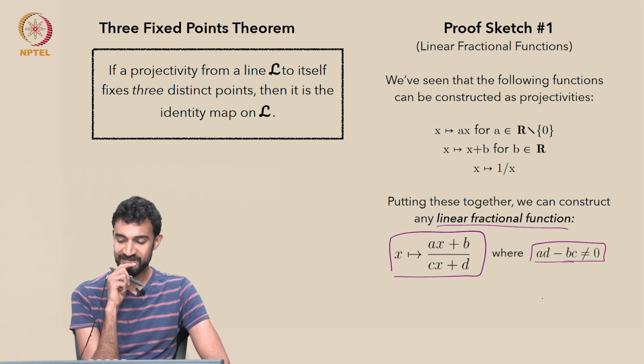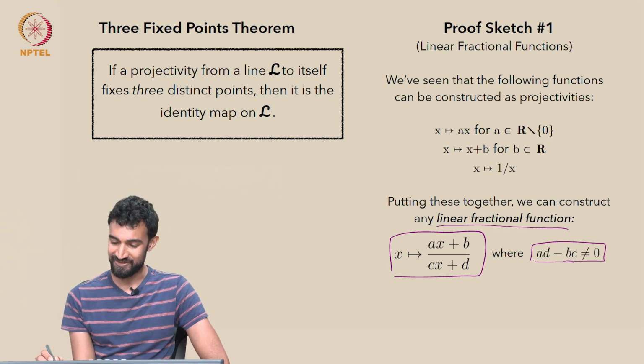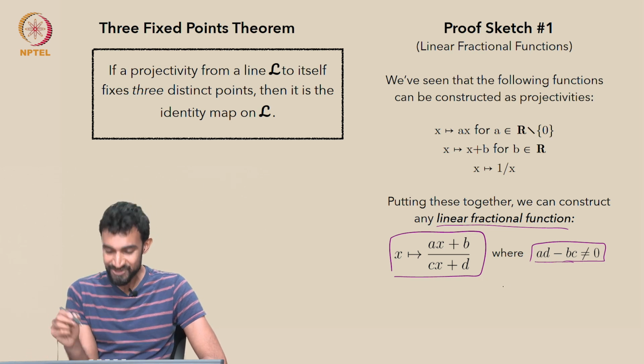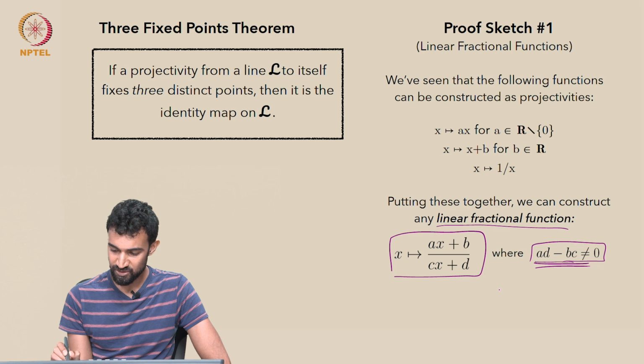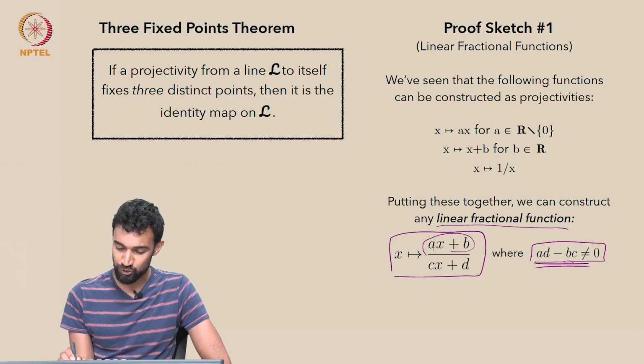I guess technically speaking, ad minus bc being non-zero makes it an interesting linear fractional function. If ad minus bc equals 0, then what happens? Let's just check that quickly. Then we have a problem actually, because then the numerator is going to be a scalar multiple of the denominator.